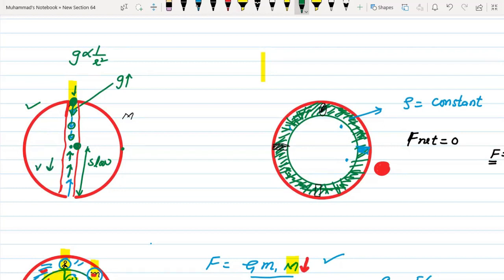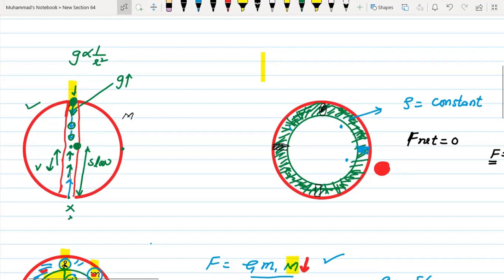This is direction of velocity, but the direction of net force is up. If the velocity and acceleration are in opposite direction, your speed will decrease. Okay. So when you reach this point, the force on you will become maximum, and after that the force decreases. So as a result, this object will oscillate between these two positions.